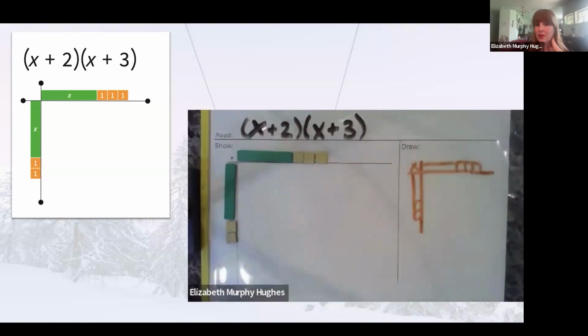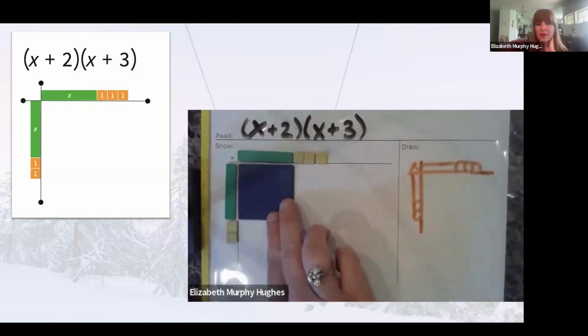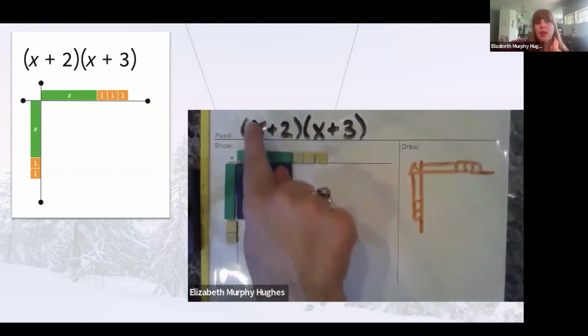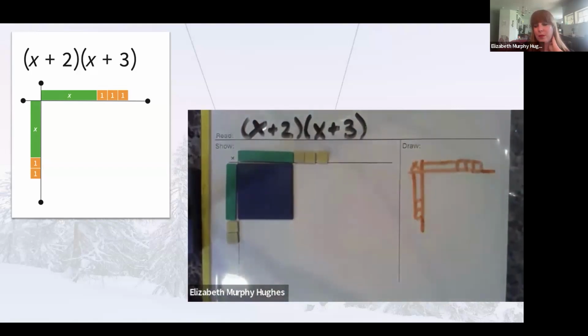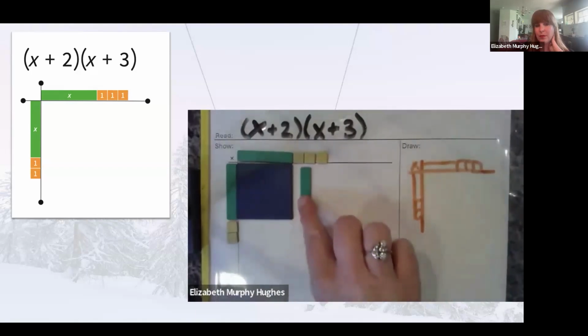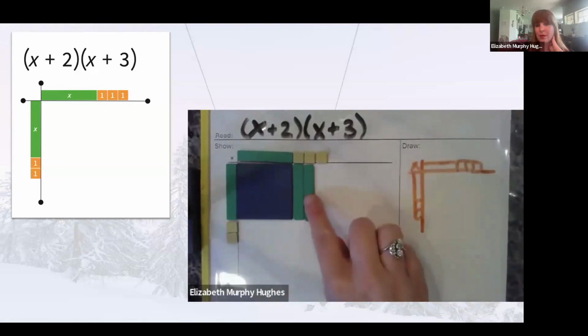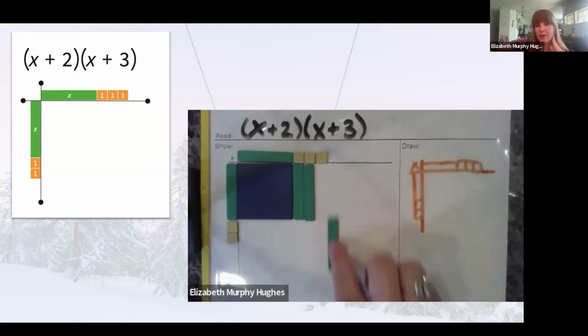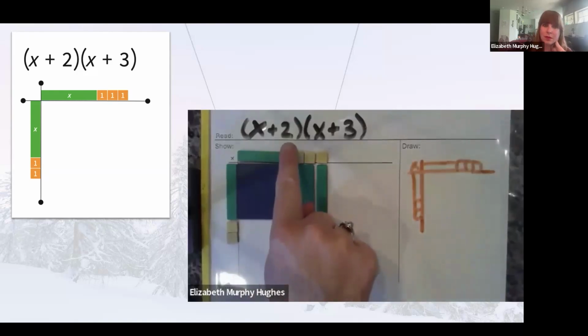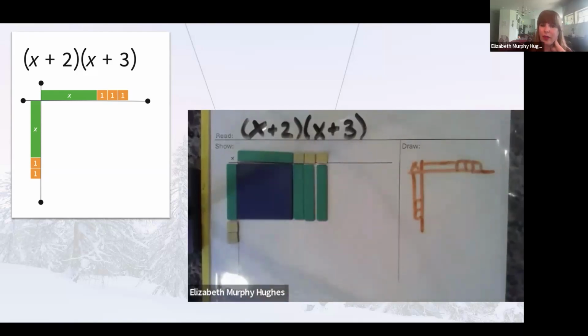So we have x times x, and that gives us x squared. And then x times 3, we're taking x and multiplying it by each unit. So x times 1 equals x, x times 1 equals x, and x times 1 equals x. Next, we're doing 2 times x.